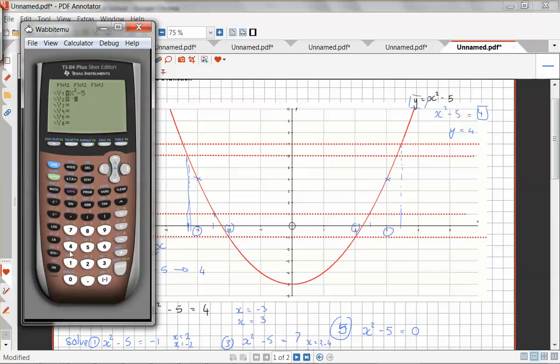So I've got the first one and I've got y equals minus 1. When I press graph now, you've got the same thing that you've got on your calculator. Now is where the magic of the calculator comes in.